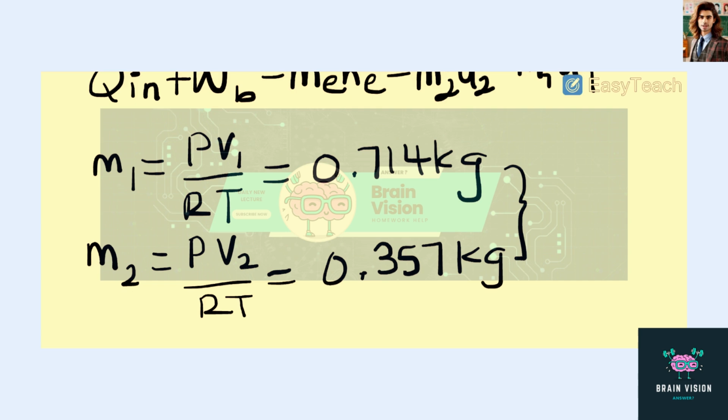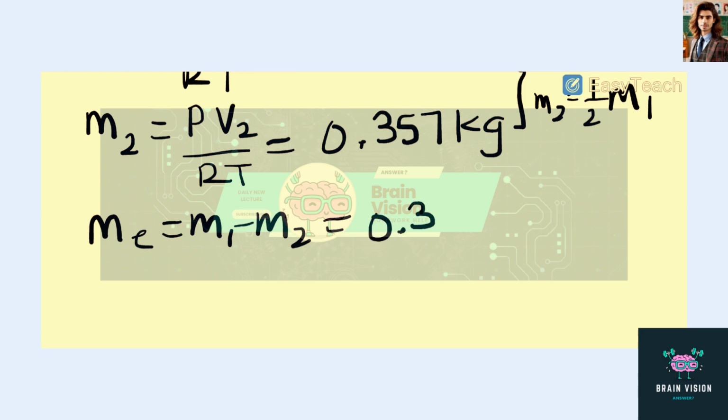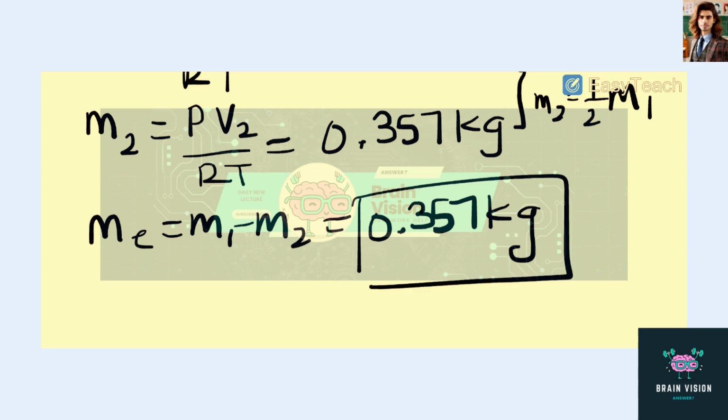Now this is just half of m1, so we see that m2 equals 1/2 of m1. Now from the mass balance, we know that m_e is equal to m1 minus m2, so this gives us a mass that has left the cylinder equal to 0.357 kilograms. So that is one part of our final answer.